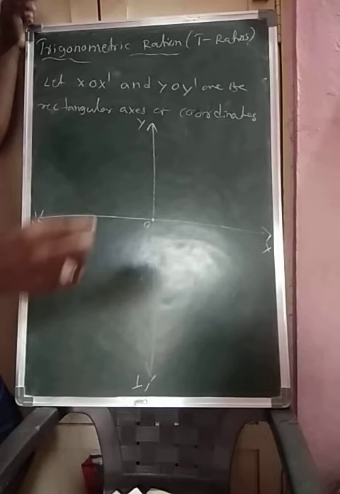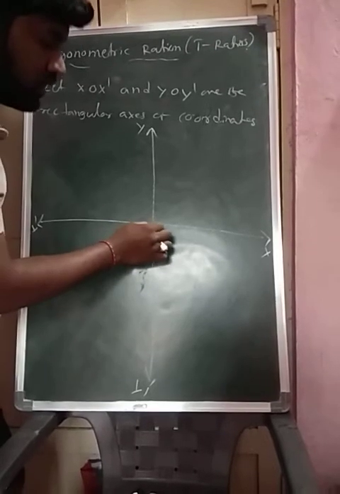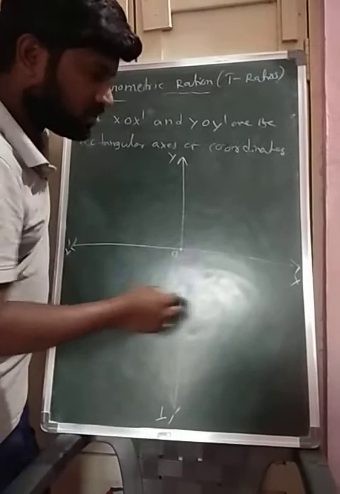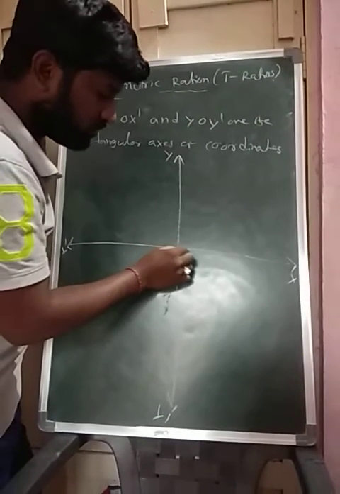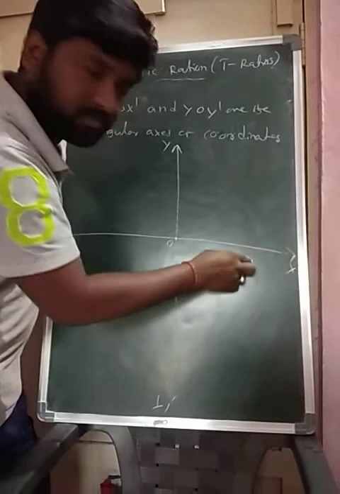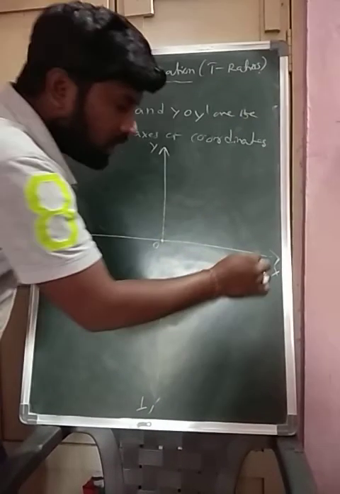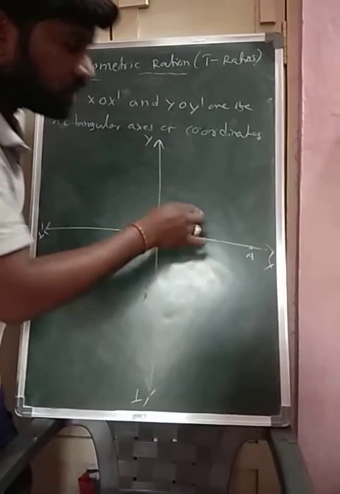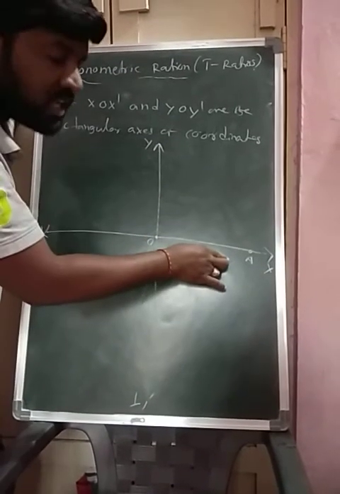Now I am taking a point A on OX. OX is a ray from O. Taking a point A on OX, now OA is a ray.